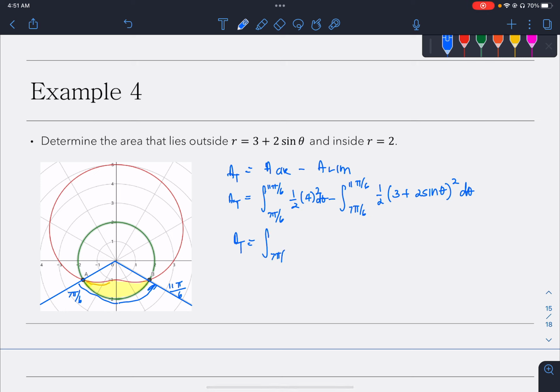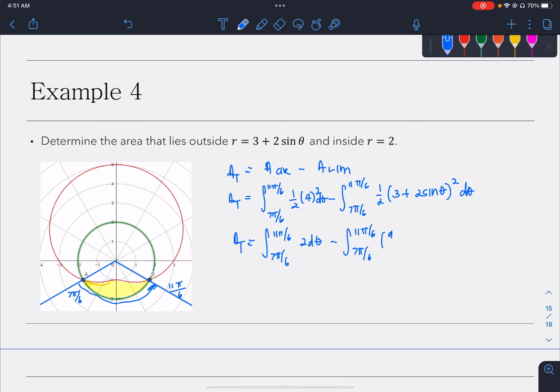So from 7 pi all over 6, it just becomes negative. So this would be 2 d theta, and minus from 7 pi over 6 to 11 pi all over 6. So 3 squared, that will be 9 over 2.